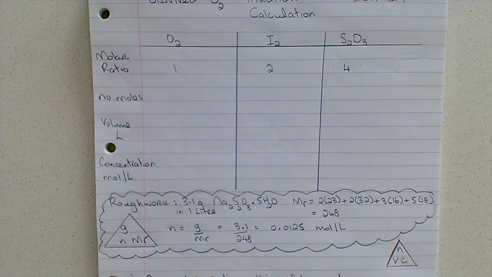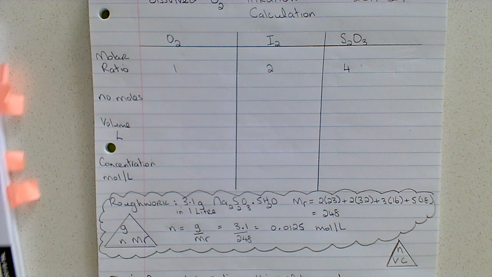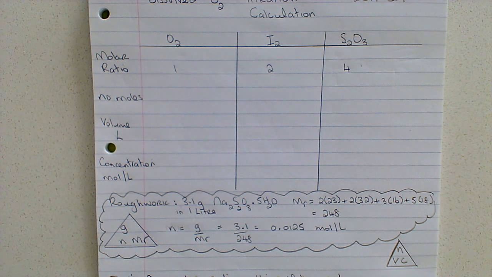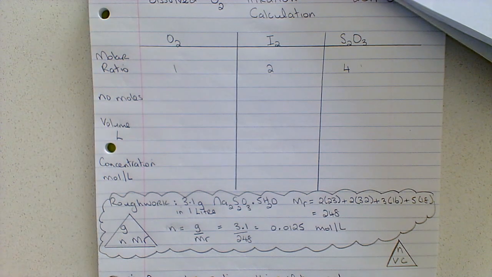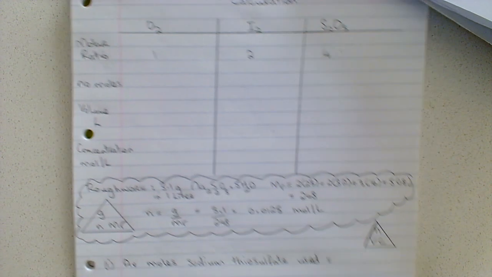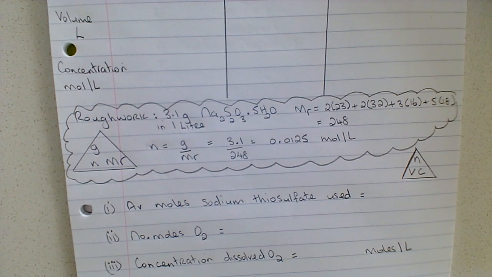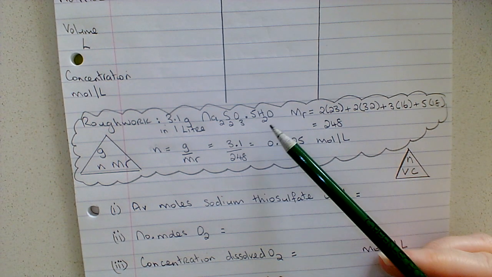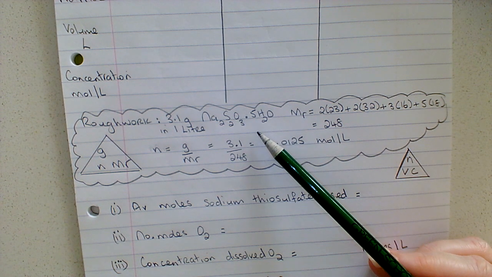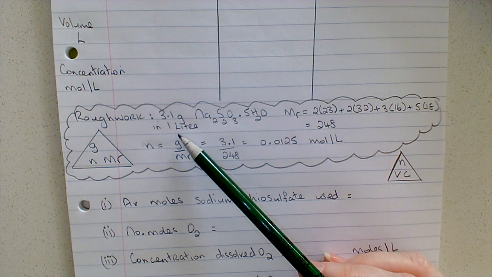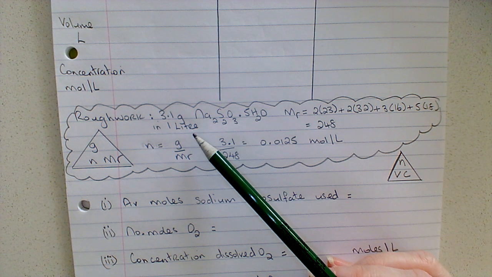Now, the first thing we're asked to do was to work out the average number of moles of sodium thiosulfate used in the reaction. We were told that we had 3.1 grams of the crystals, the sodium thiosulfate, and that's per litre. So we need to work out how many moles that is.